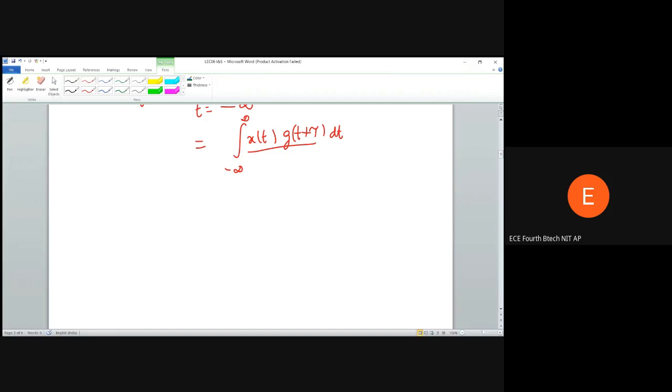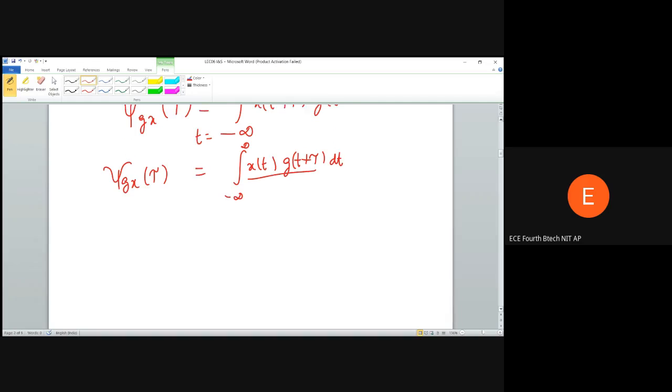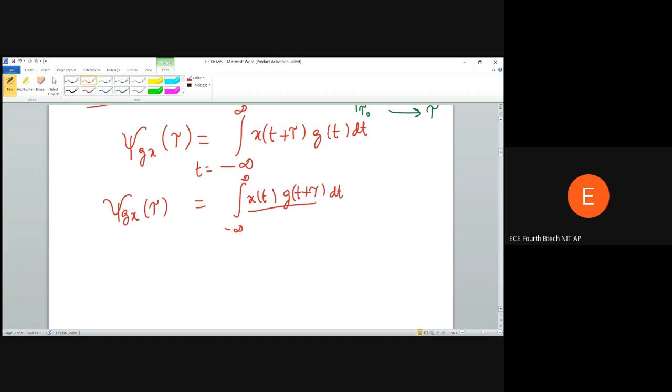As I have indicated over here, psi g x of tau is equal to, and of course the energy terms we usually discard in this correlation function definition.